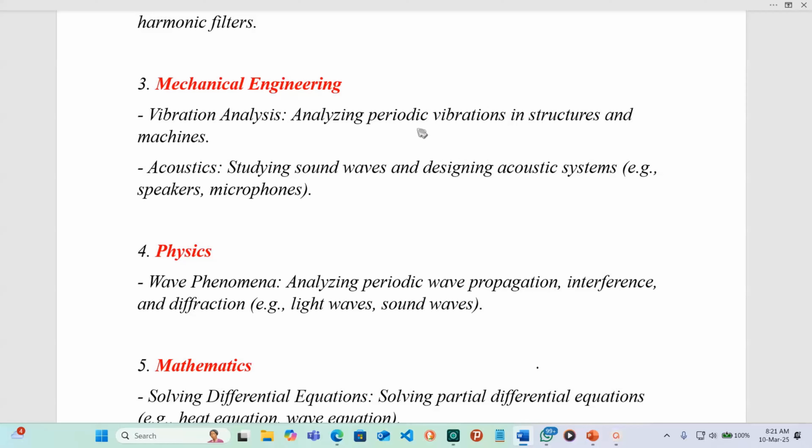So analyzing those vibrations, to what extent is bearable and what is not bearable, we use the powerful mathematical tool, the Fourier series and Fourier transforms.